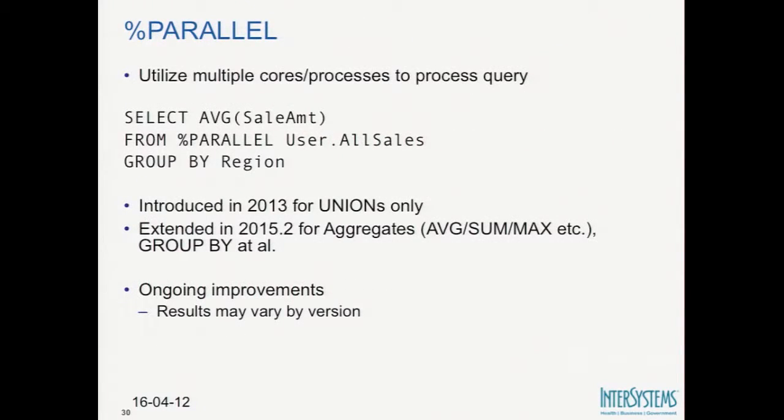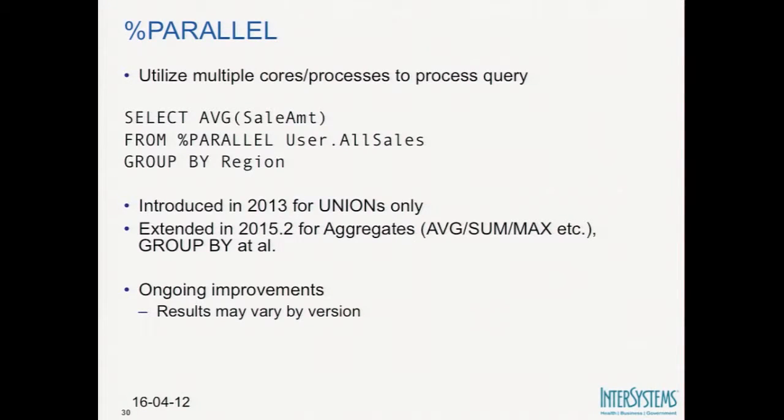Another thing you can do with the query itself is take advantage of the new parallel execution. There's a Flash token developer zone article about parallel SQL. I'm talking about parallel SQL in my distributed SQL session. We introduced it in 2013 for unions only.